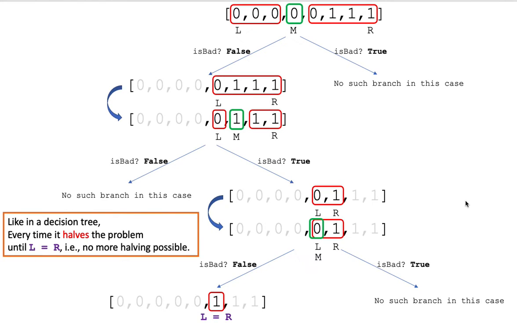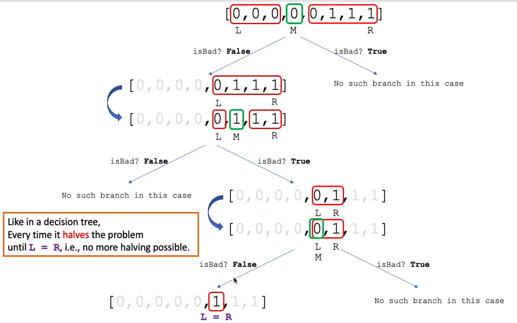One way to understand the workflow is by visualizing it in this decision tree-like process. As you can see, we begin with 8 elements, and then we reduce the problem in half to 4 elements in this first step. In the next step, we further reduce it to only 2 elements.